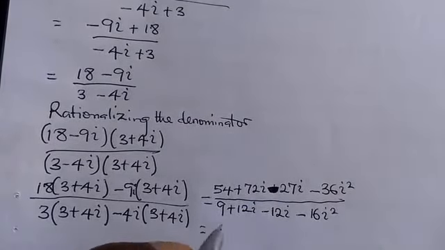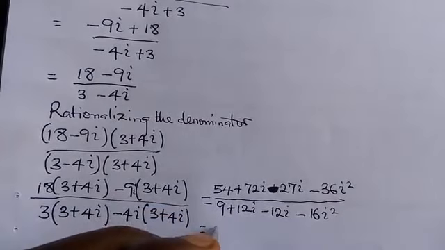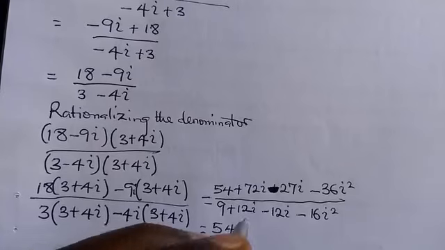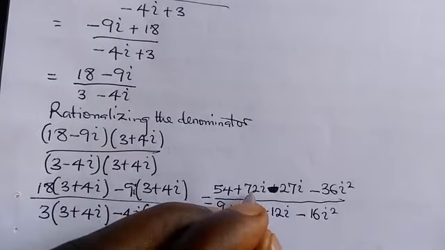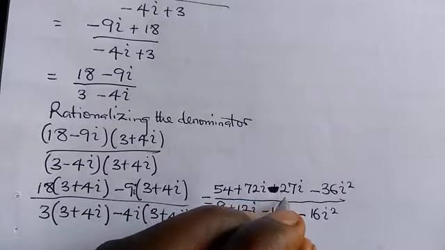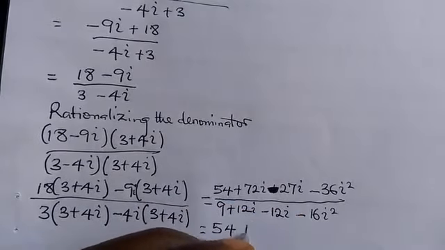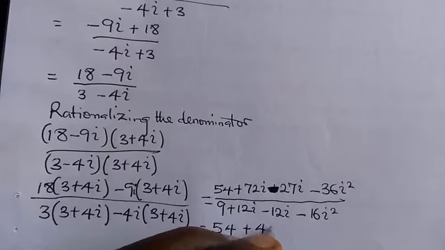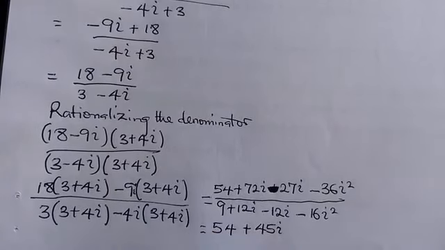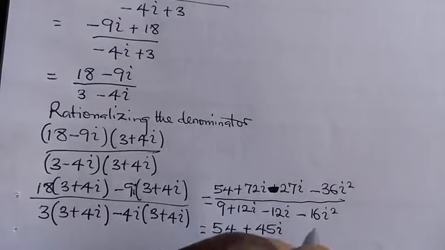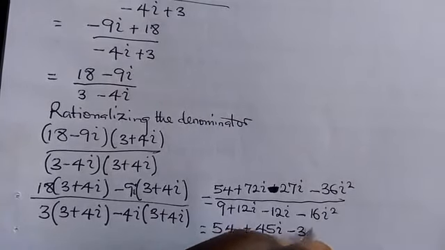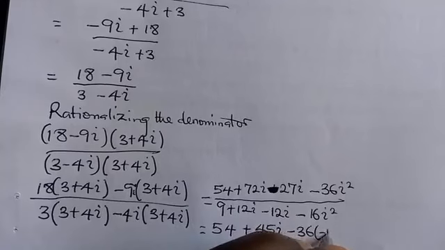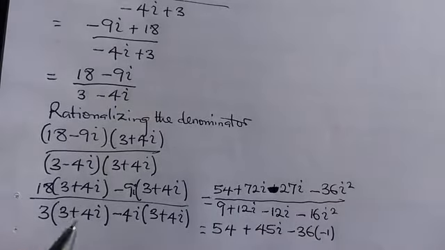This is equal to 54. 72i minus 27i, we have 45i. Minus 36 into minus 1, which is a value of i squared.